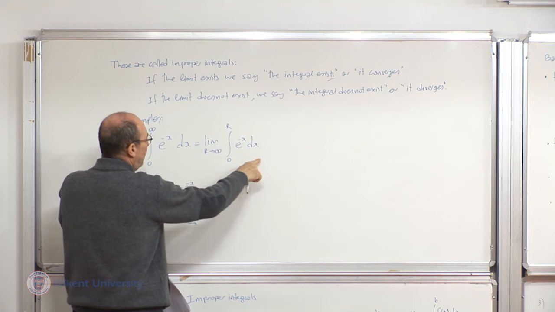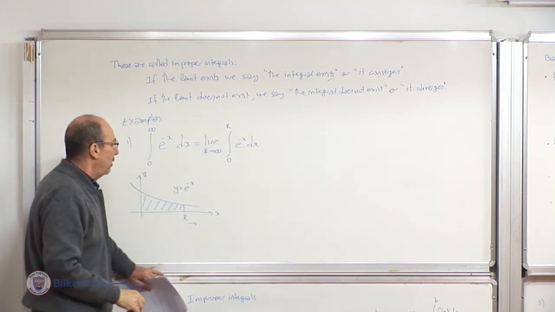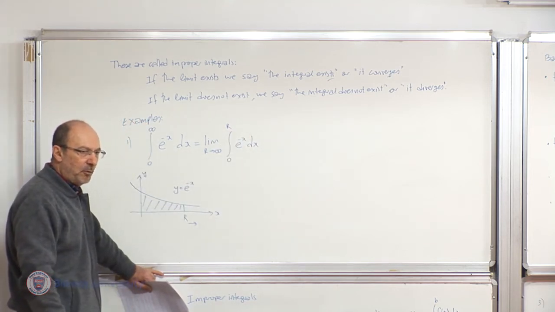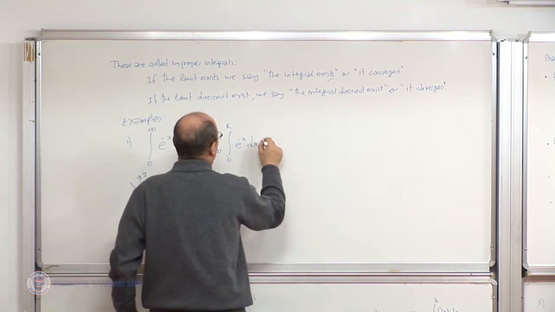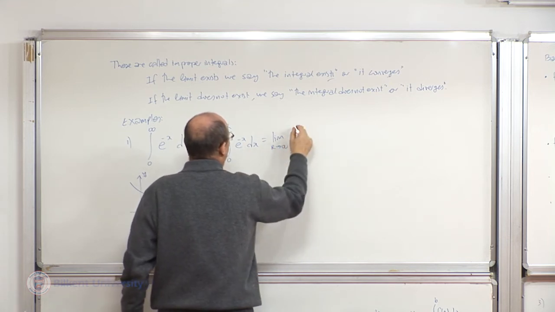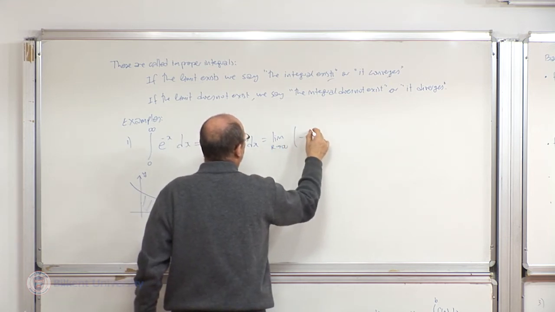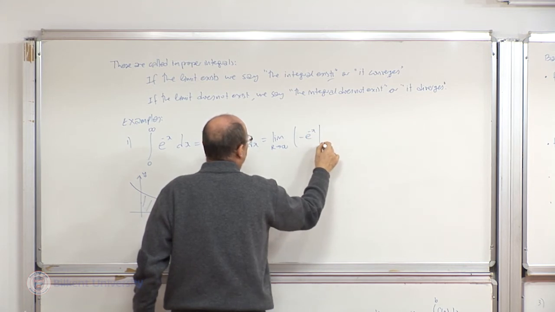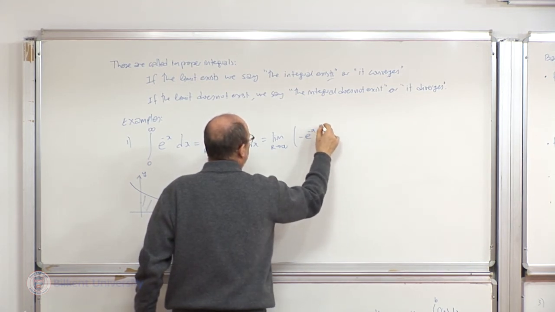Now this is something I can handle. I know an antiderivative for e to the minus x, which is minus e to the minus x. So I carry this limit here, and this one is minus e to the minus x from x equals 0 to x equals r.